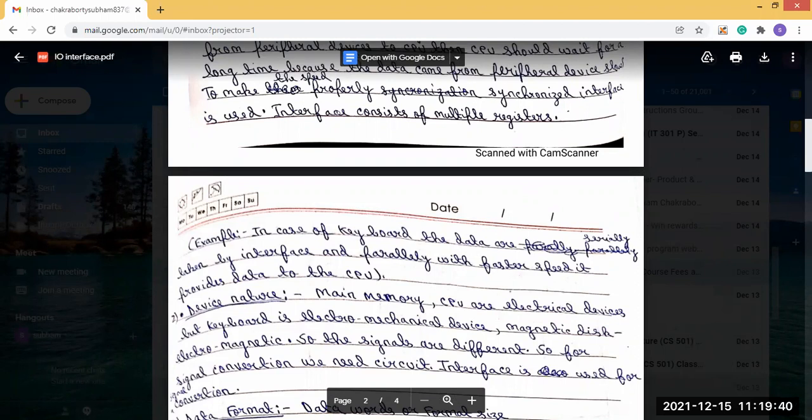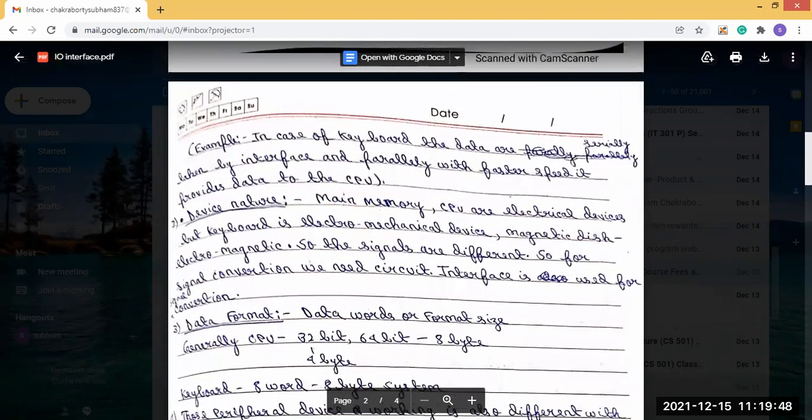Then the third reason is the data format. In data format conversion also, our interface is used. Now what is the data word or format size? Generally the CPU or processor works with 32-bit or 64-bit, but our keyboard is maximum 8 bits, or one byte. So the data format size is different.